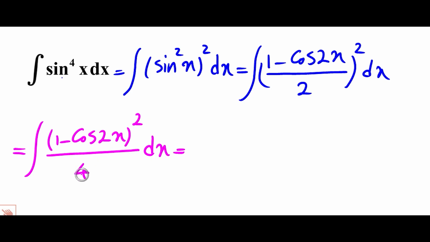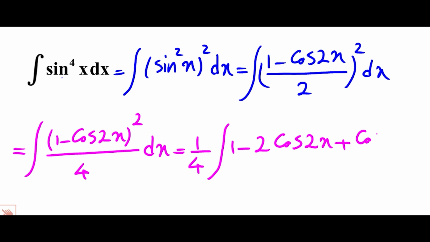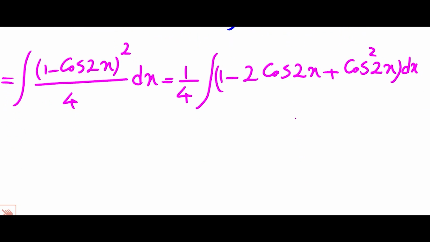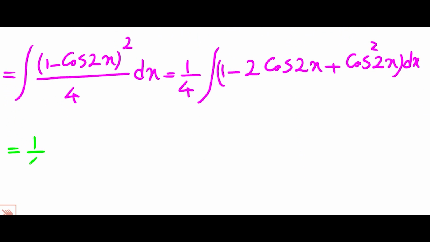Now, since 1/4 is just a constant, we can pull it out of the integral. We have 1/4 the integral of (1 minus cosine 2x) whole squared, which equals 1 minus 2 cosine of 2x plus cosine squared of 2x, dx. Right?